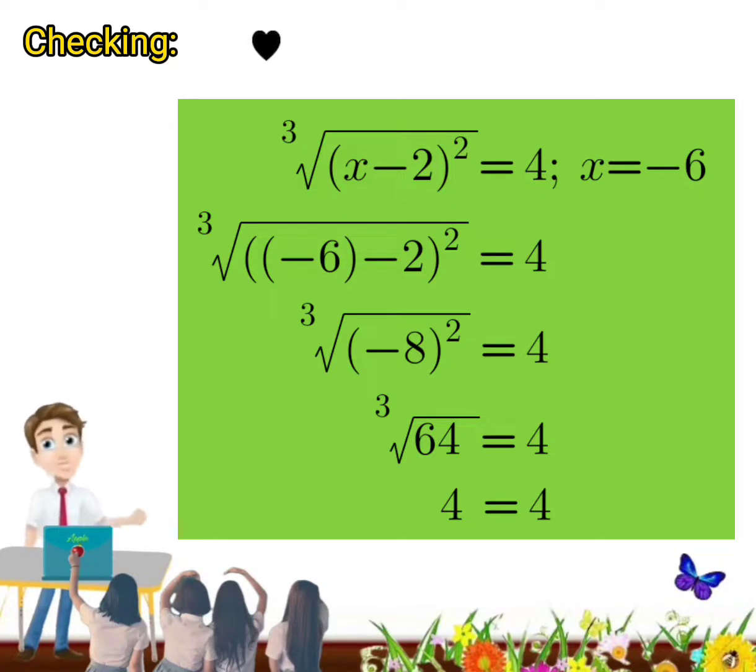And then by using the value of x equal to negative 6 and replacing it in the equation, that is the cube root of the quantity negative 6 minus 2 squared is equal to 4, and then adding negative 6 and negative 2, that is equivalent to negative 8 squared, and negative 8 times negative 8 is equivalent to 64. And getting now the cube root of 64, that is equivalent to 4, and it is equal to 4. So therefore, the solution is correct.